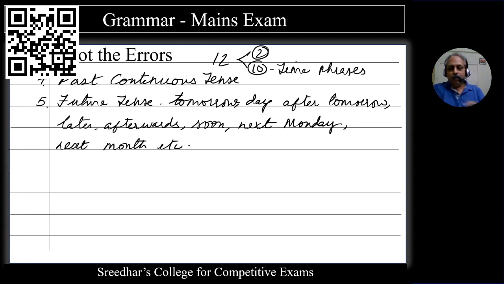Now imagine the time is morning 10:30. You can also say in the evening. You can say at 5:30. Any time that goes into future, we use future tense. All these time phrases, tomorrow, day after tomorrow, on Monday, on Tuesday, next month, next year, later, afterwards, soon, all these go into future. And you have to use future tense. And the same time phrases, if you take, what is the next one? Future continuous tense.